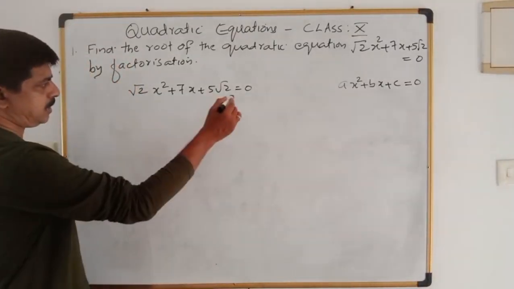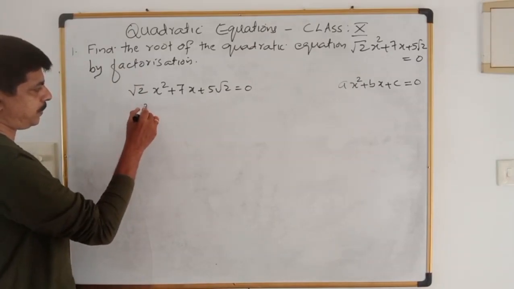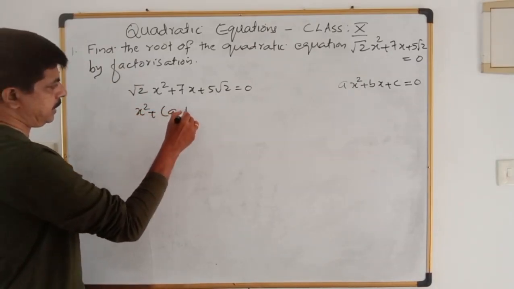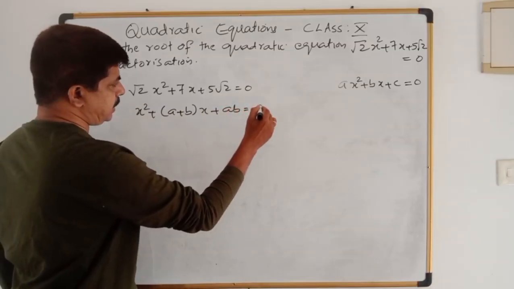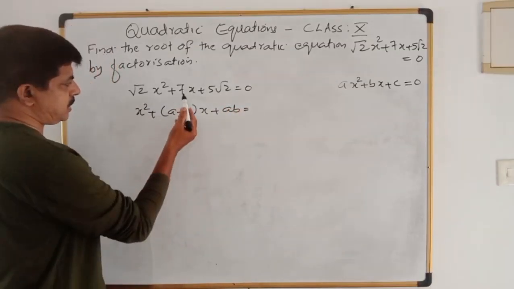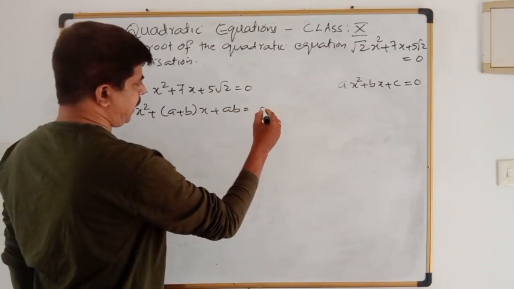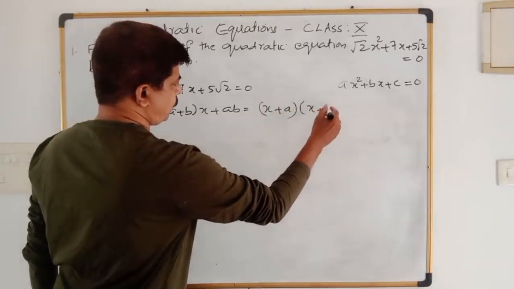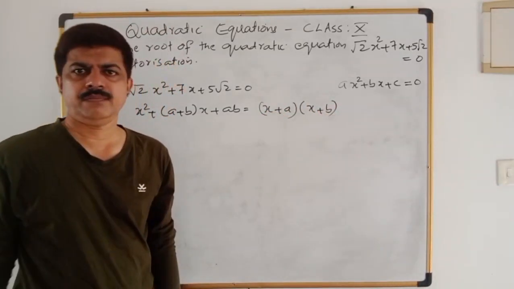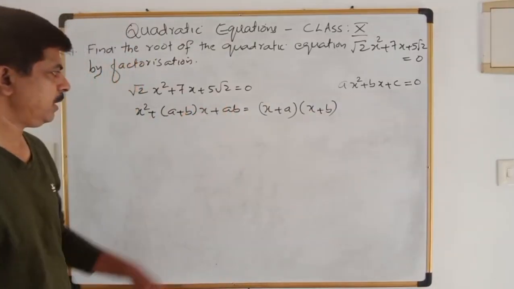Which identity is suitable here? x square plus (a plus b) into x plus ab is equal to (x plus a) into (x plus b). So first, we will factorize the given polynomial.